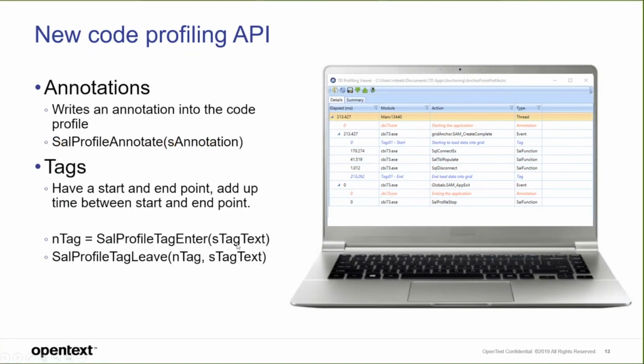You have a text again that is displayed here in the action section, and that text can be different for the begin and the end tag. So you have SalProfileTagEnter and SalProfileTagLeave. That enhances a lot how you can analyze your source code. You can basically break it down into the chunks that you need to look at, and not only at the module or the times that we provide.